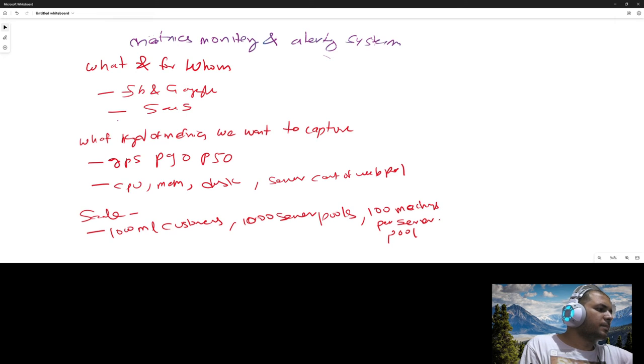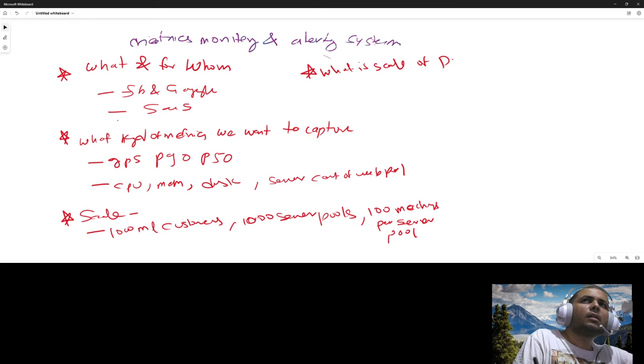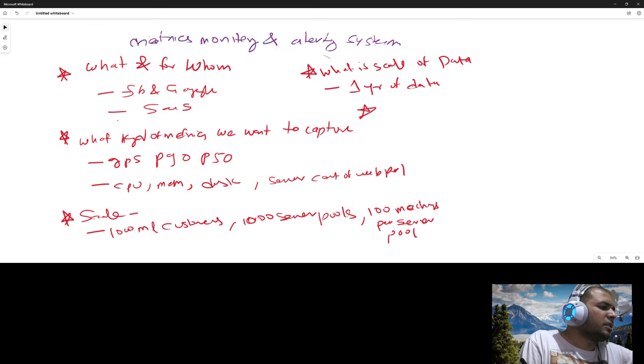The next point is how long we should keep the data. We have covered the scale and what kind of metrics we are targeting. The fourth point is the scale of data. Even for internal customers, how much data and what data retention do we need? Let's say 1 year of data. Fourth problem statement is maybe to reduce the resolution of metrics data for long-term storage.